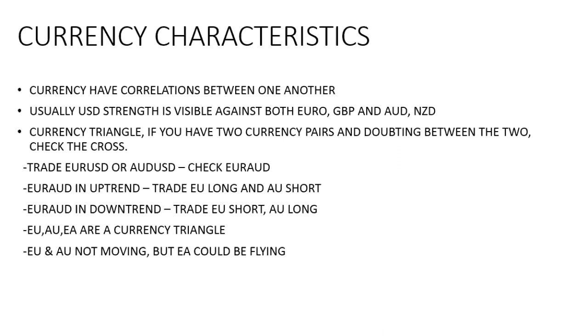And if Euro AUD is in a downtrend, trading Euro US dollar is short, meaning the Euro is losing strength, and AUD is gaining strength. That's what the crosses mean.